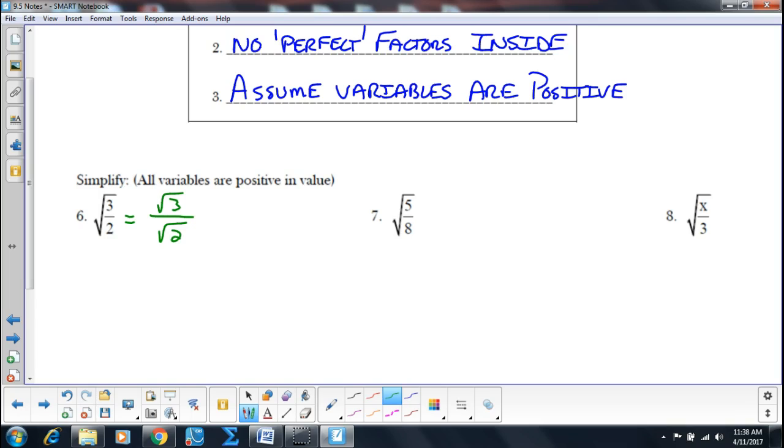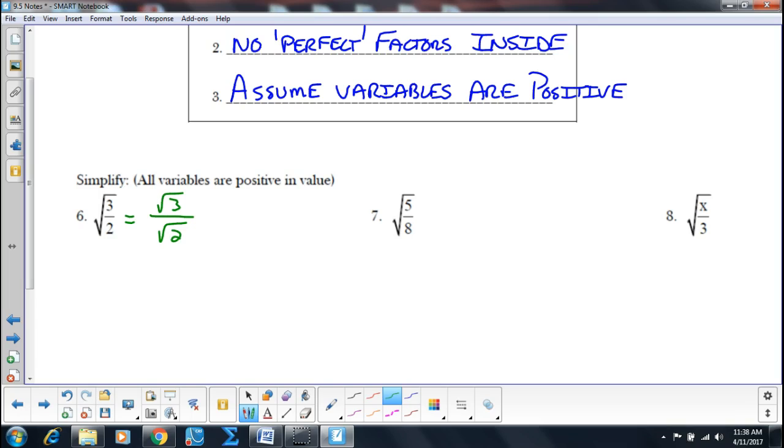So what am I going to have to multiply my basement by to get rid of it? Just the basement. What am I going to multiply by? You said square root of 2, right? But I can multiply my whole fraction by 1, right?